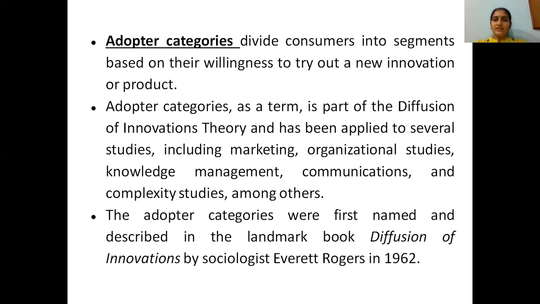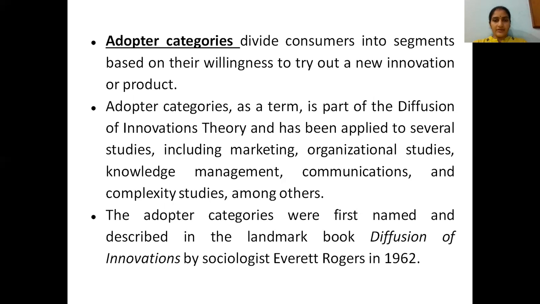It has been applied to several studies, including marketing, organizational studies, knowledge management, communications, and complexity studies, among others. So adopter categories and the theory of diffusion of innovation have been applied to varied subjects, where all the subjects use this theory to know the market conditions and how they can do best for their consumers.